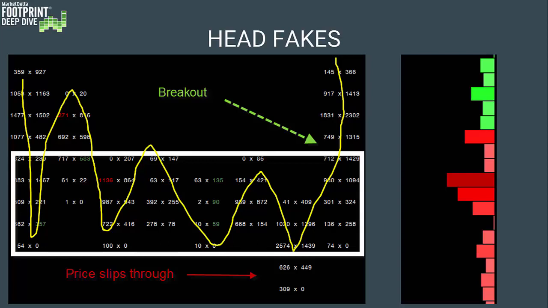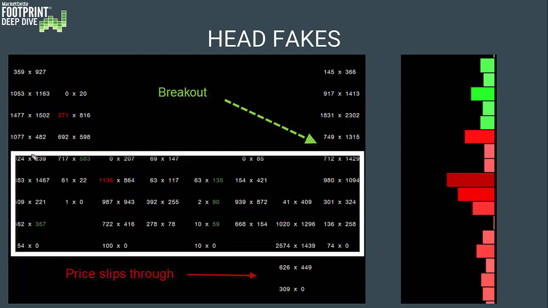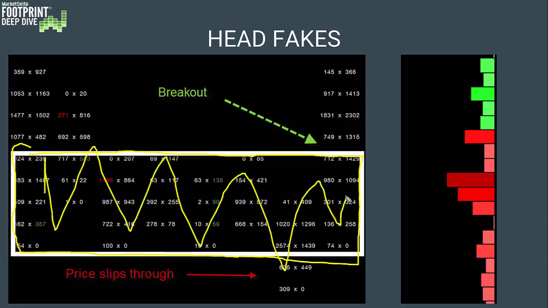So think about that. Where the heck is the fight? This white box that I'm highlighting in yellow, inside here was a fight. The market didn't know which way to go. Longs wanted to go up. Shorts wanted to go down. There's not enough of an imbalance in this area to move it one way or the other.